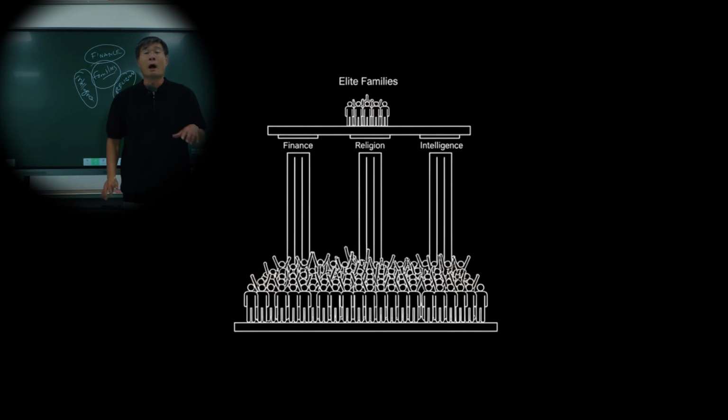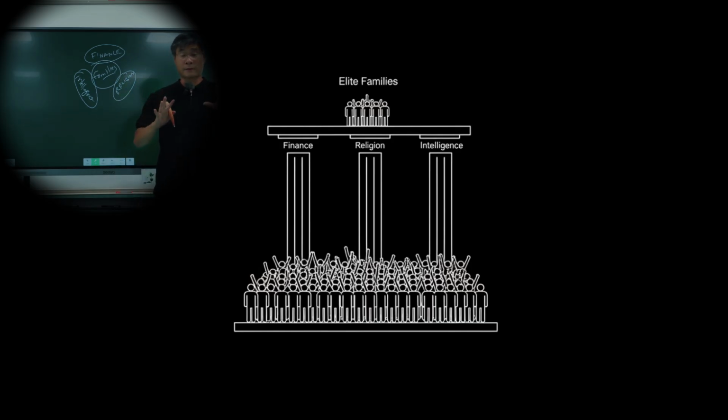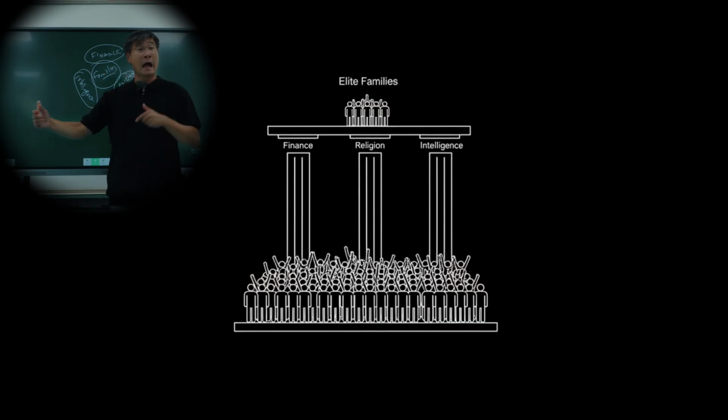All right? Now, to save time, I'm not going to go too deeply into intelligence and religion, but I will in future classes, okay? I just need you to remember that there are three pillars of power at the core of society: finance, intelligence, and religion. And it's their nexus, their combination, that allows the elite to control everyone else, okay?